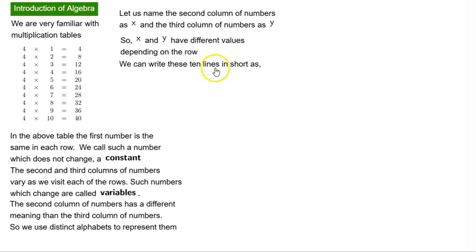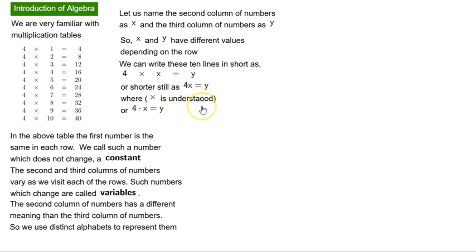We can write these 10 lines in short as 4 times x equal to y, or shorter still as 4x equal to y, where the multiplication sign between 4 and x is understood.